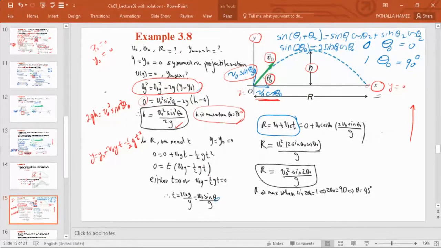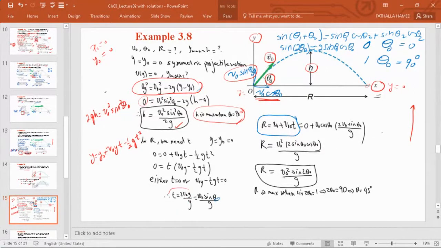Now I want to get the time, and either t is equal to 0, and that's at the start, so I'm not considering that. But the other t is when v0y minus 1/2 g t is equal to 0. And that basically will give me that t equals 2 v0y over g.